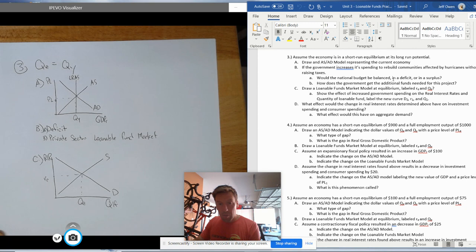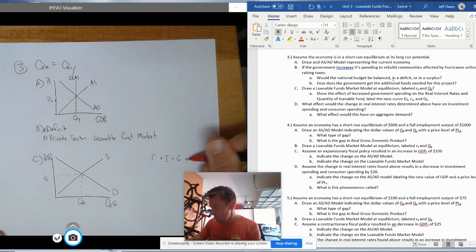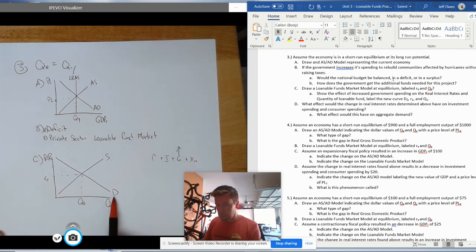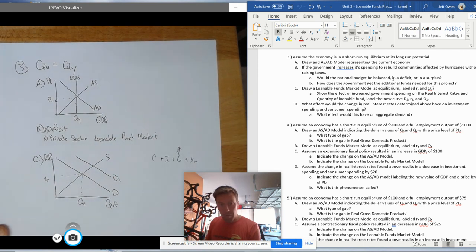Now the government had to borrow money. This is the demand for all loanable funds by consumers, by businesses, by government, and by foreigners. Government has to borrow more money, so that's increasing the demand for loanable funds.